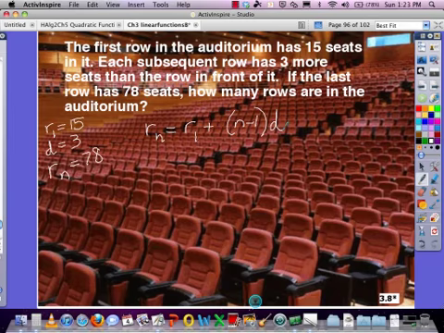Now let's put in the values we know. R sub n, the number of seats in that last row, is 78. Our first term is 15. Our n value, which is the counter, the row we're on, is what we do not know. So we've got to leave that as n. And then d, our constant difference, is 3.